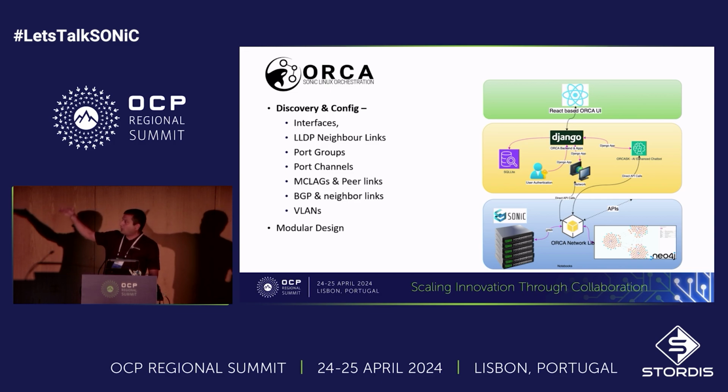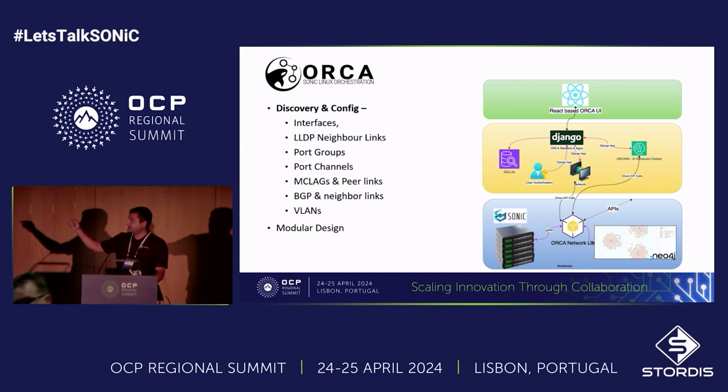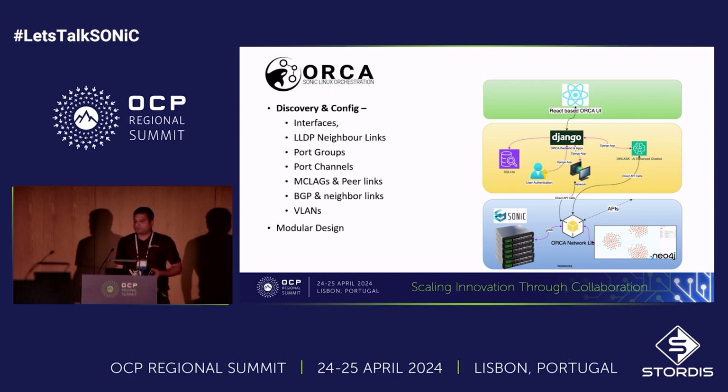Not all of these configurations are currently possible via the UI. I will give you a demo about it, but the majority of these things are possible via APIs present either in the Django backend or in ORCA Network Library. So as you see, it's a very modular design.